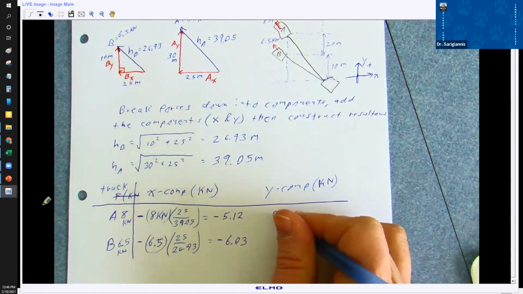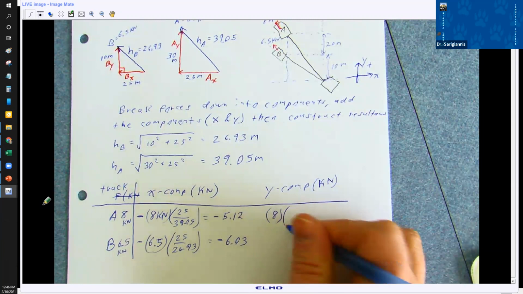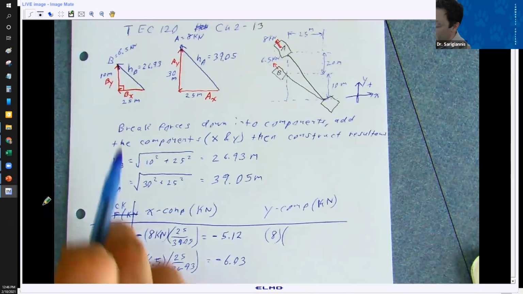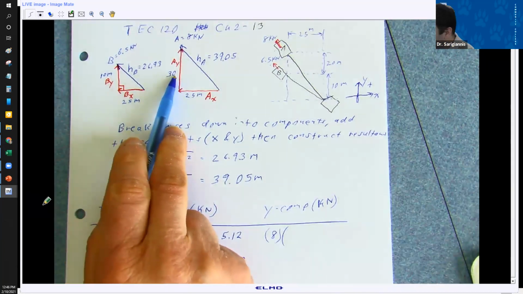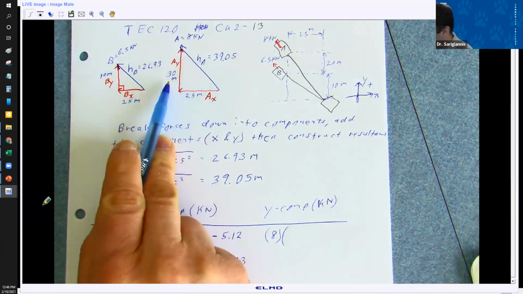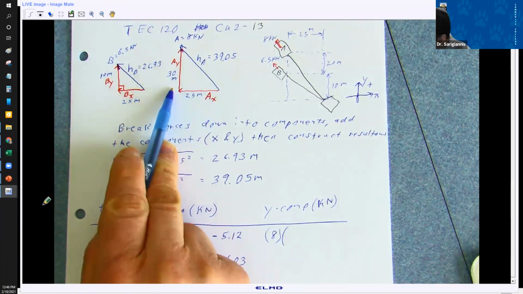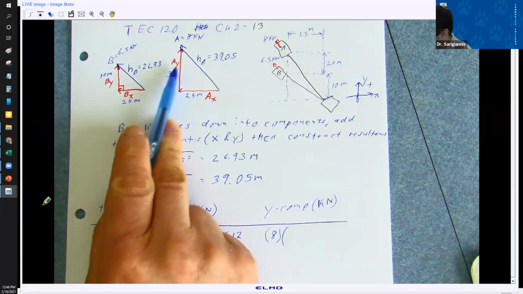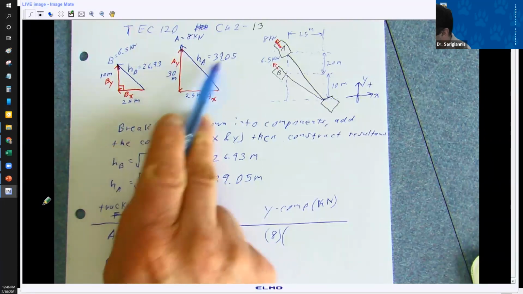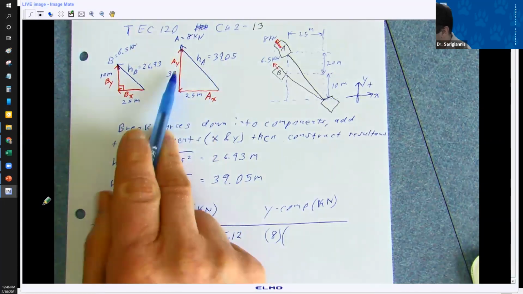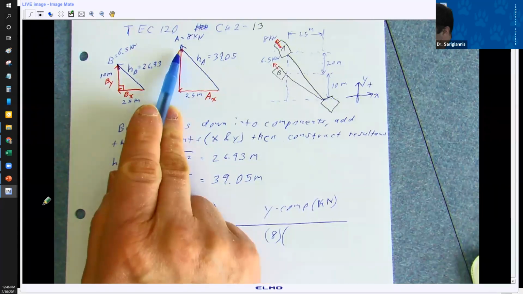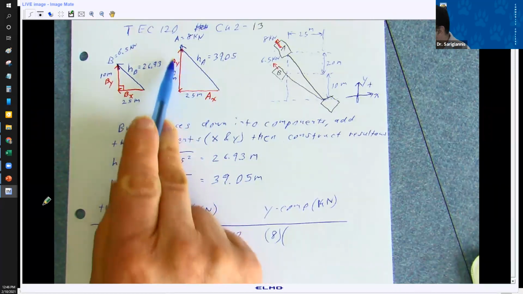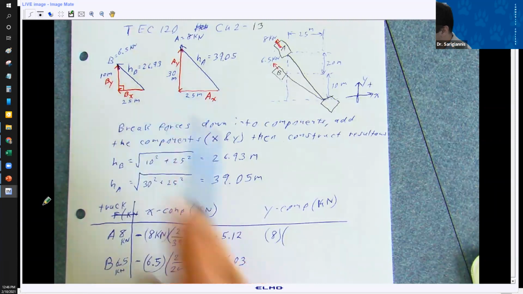So we're going to start with 8 kilonewtons times the ratio. What's the ratio of the triangle lengths, right? The proportion, this length relative to the hypotenuse is 30 divided by 39.05, right? That means that the ratio of the force to the resultant is the same thing.